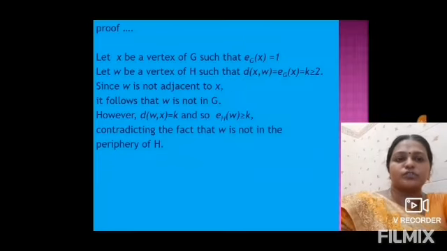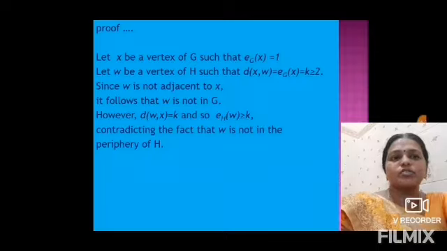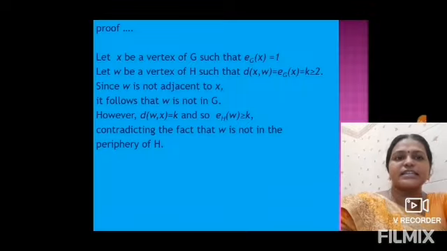Let X be a vertex of G such that the eccentricity of X in G is equal to 1. Let W be a vertex of H such that the distance between X and W is equal to the eccentricity of X, which is equal to k, greater than or equal to 2.